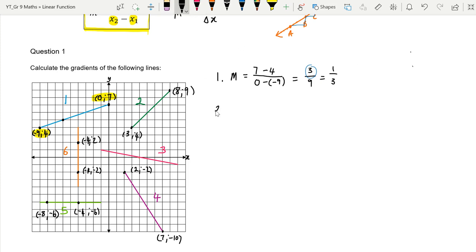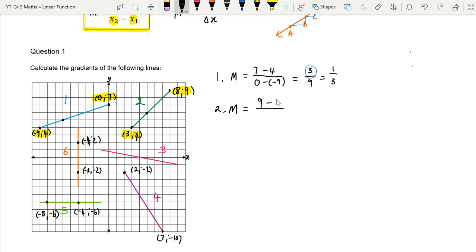Let's look at line 2. The gradient, for that one, we need 2 points to be able to calculate the gradient. We can also use whatever point that we can see we are clearly going through. So we can also use that one, doesn't matter. All right, I'm going to use these two because they're already there. Doesn't matter which point you start with.